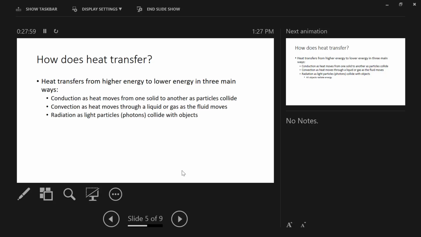And then the last one is by radiation. Radiation as light particles, we call these photons. An individual light particle is called a photon. So radiation or radiative heat works as light particles, photons, collide with objects.